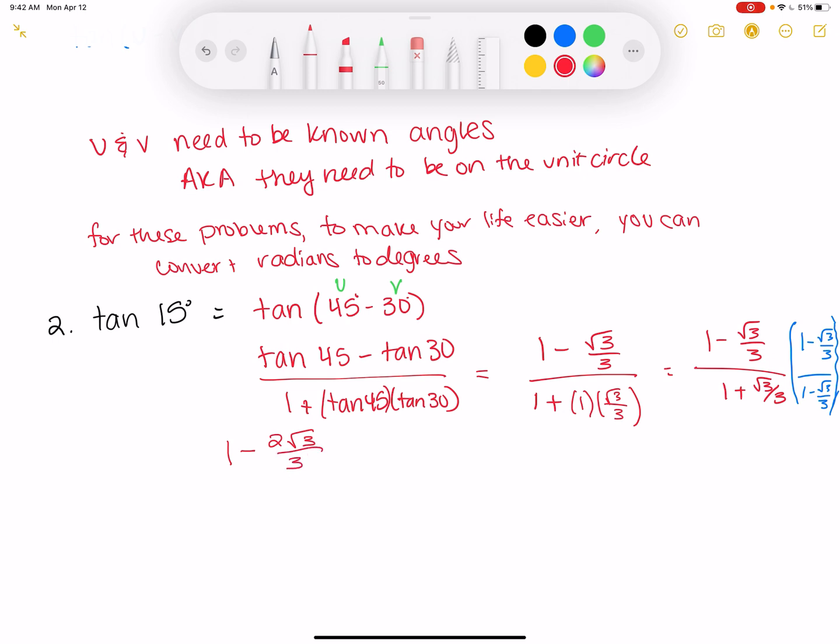No, I took the wrong thing times it. That's what you should have on top: 1 minus 2 root 3 over 3 plus 3 over 9.